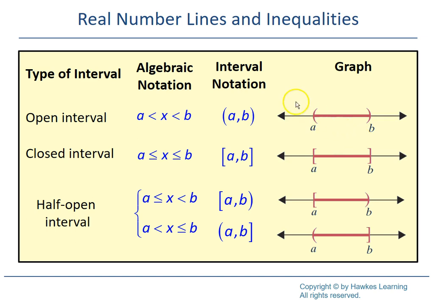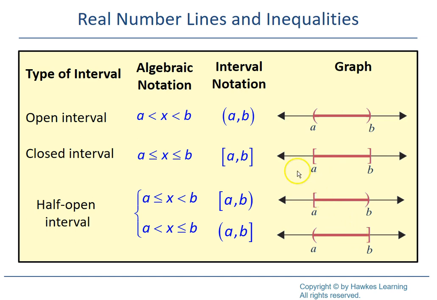Now, as you look at interval notation, notice two parentheses, brackets, two brackets, two brackets. Here a bracket and a parenthesis and a bracket. So there's a lot of relationship between interval notation and the graph of what we'll be doing.